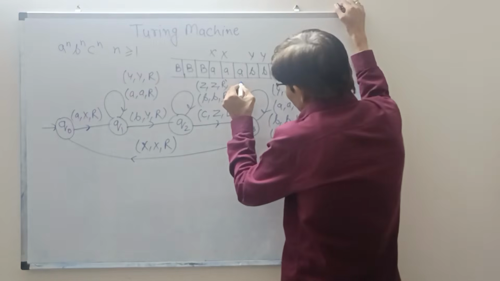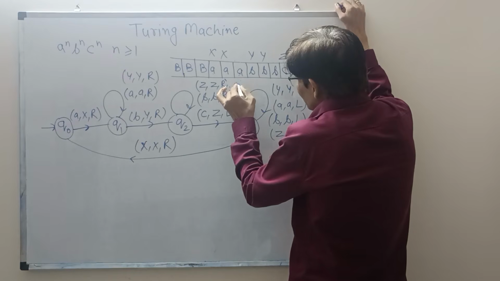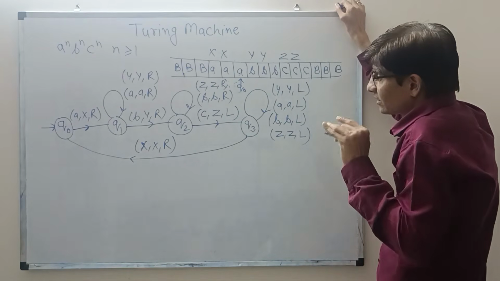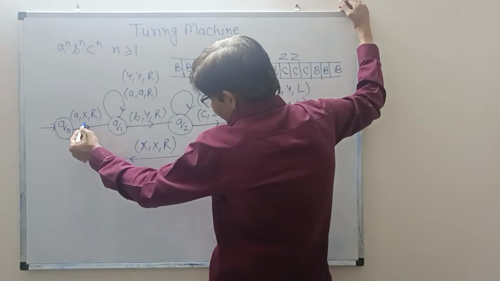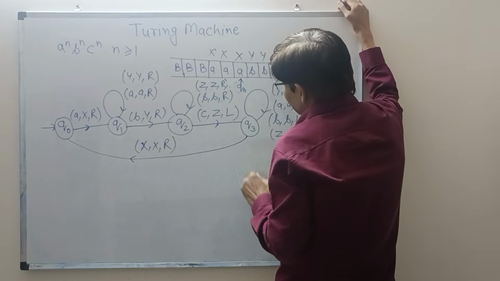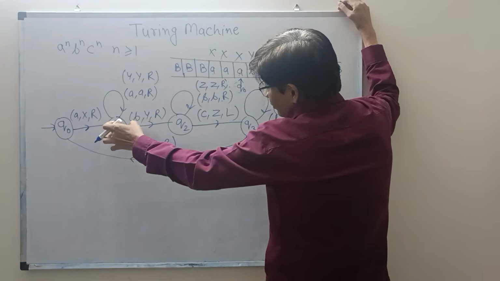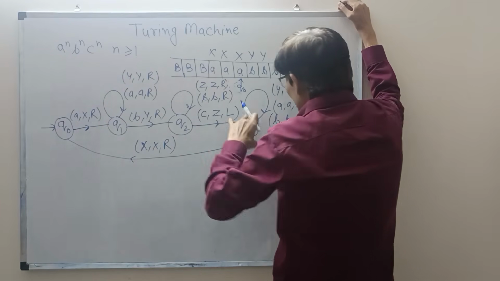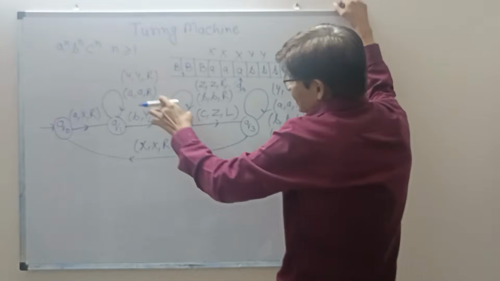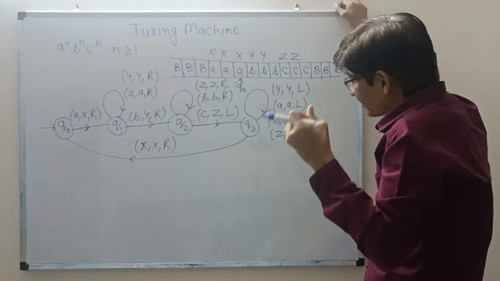So this time you are again on Q0 and you are getting A. This transition would be used and you will convert this A into X. Then you will change your state to Q1 and on Q1 this time you will get Y. This Y will be left as it is and you will continue to move towards right.